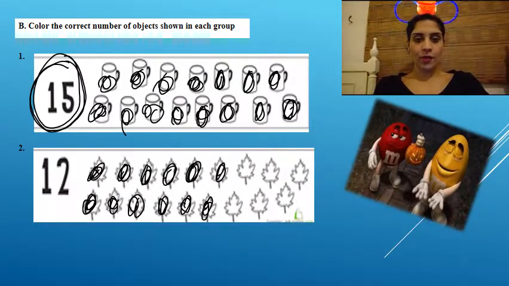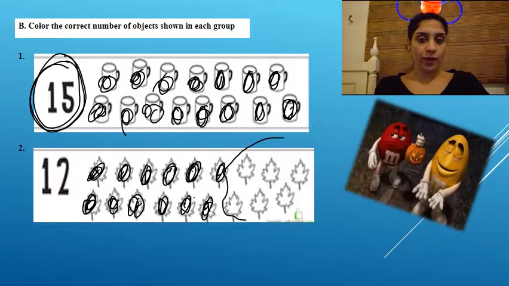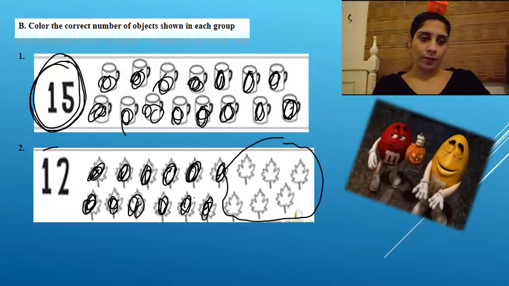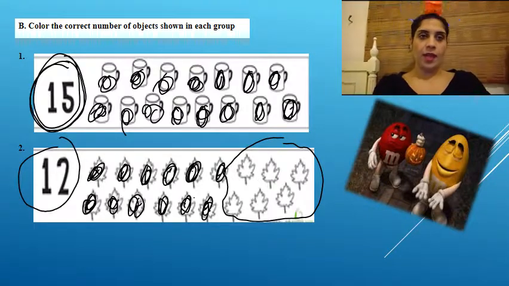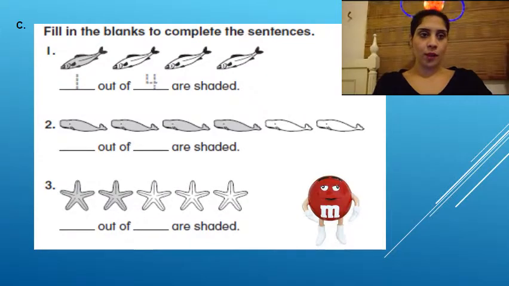Here we stop. Only 12. Here we have more than 12, so we have to stop. We don't have to color them. Only 12. Let's go with Mr. Eminem to the second question now.